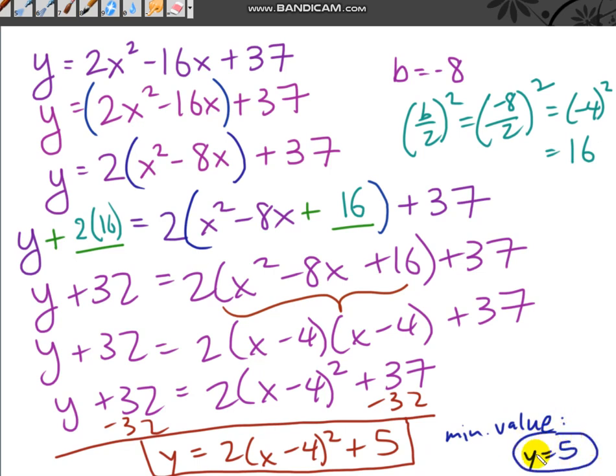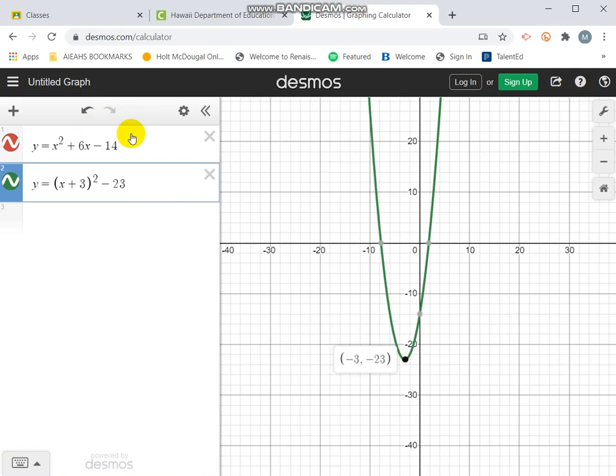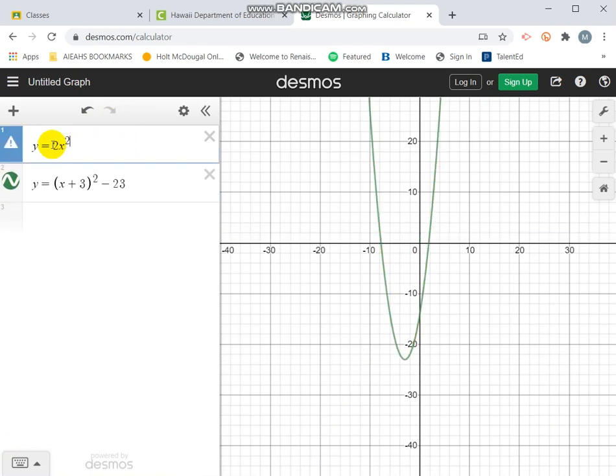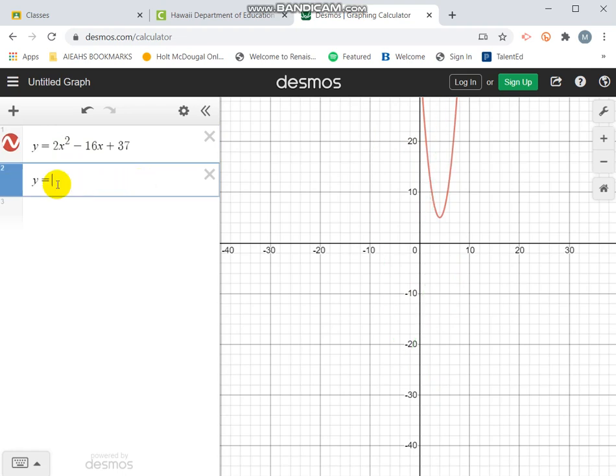Okay, so let's go ahead and graph this just to make sure. We have y equals 2x squared minus 16x plus 37, and our other expression, 2 times x minus 4 squared plus 5.